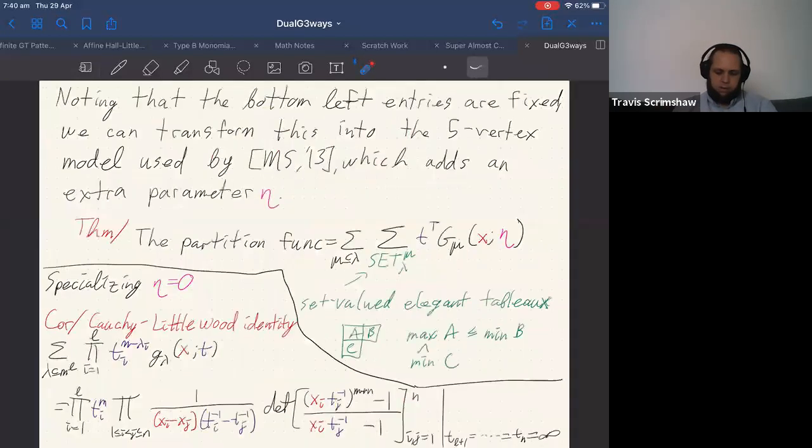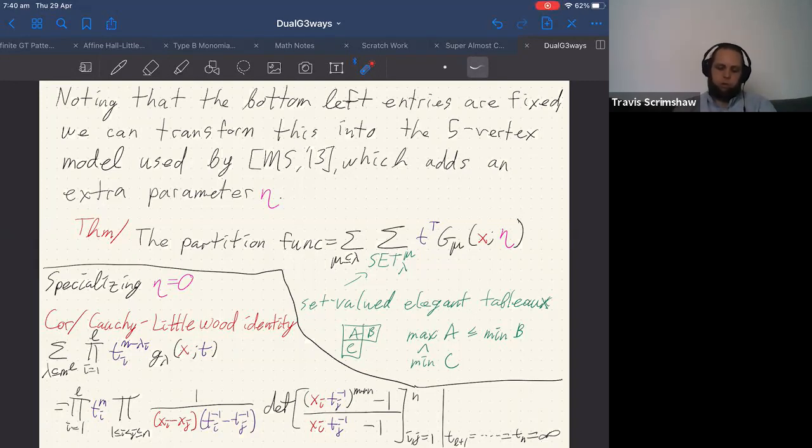And that's what the Motegi-Sakai model is when you set that extra parameter, which I will call eta here, to 0. And this is a very classical 5-vertex model that gives Schur functions as the partition function. And I can now just reintroduce that parameter here because it's the same vertex model at eta equals 0.